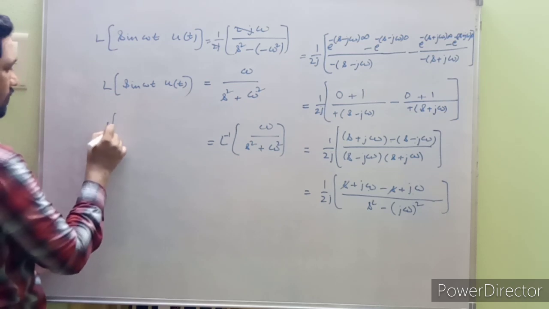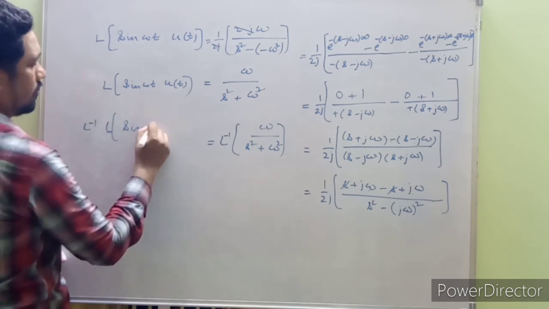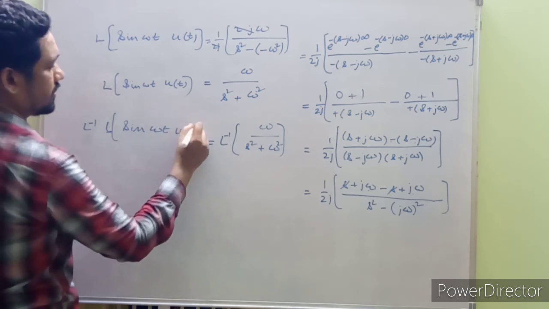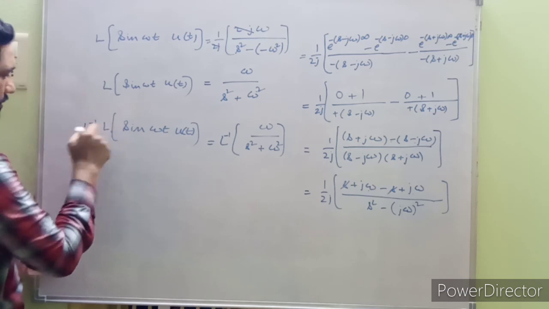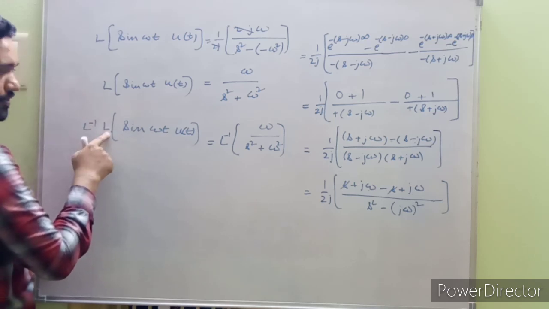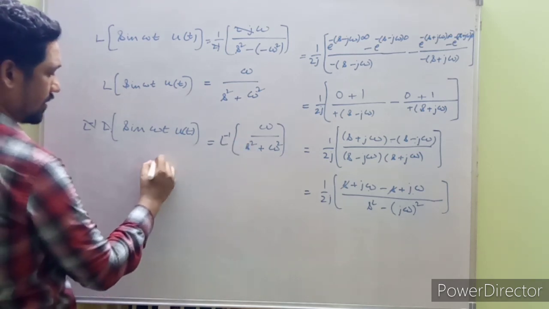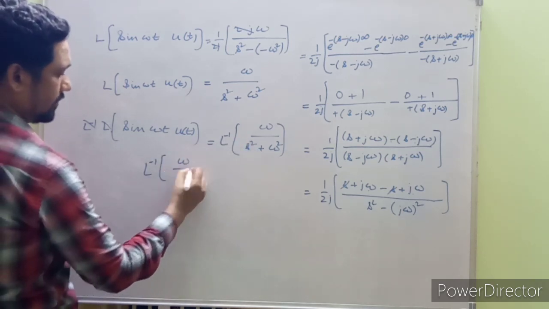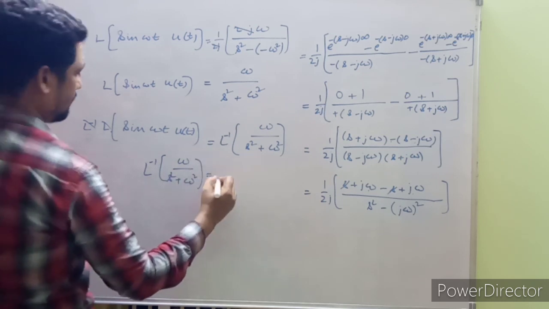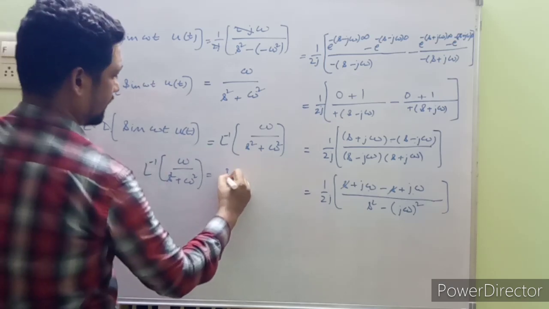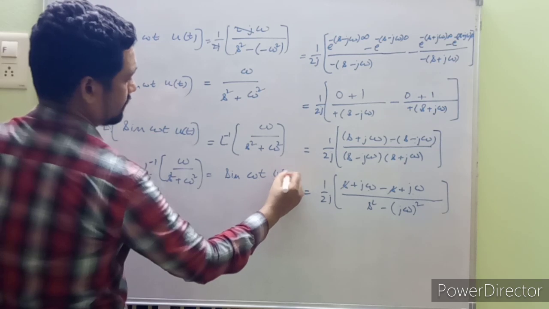As it is Laplace transform and inverse Laplace transform, the inverse and its function gets cancelled, and we will be left with, writing in proper order, inverse Laplace transform of omega by s square plus omega square will be leading to sine omega t u of t.